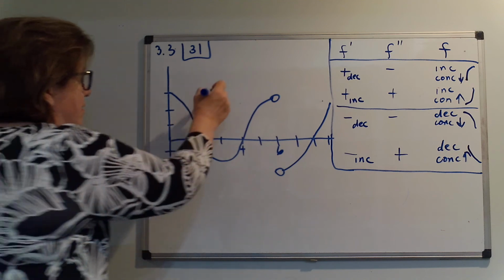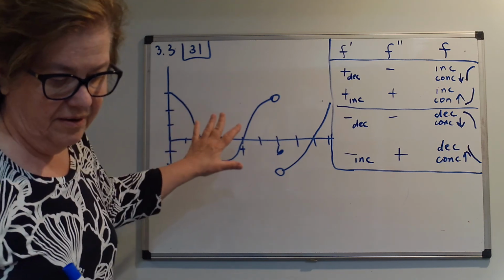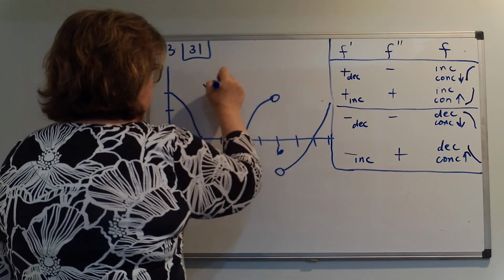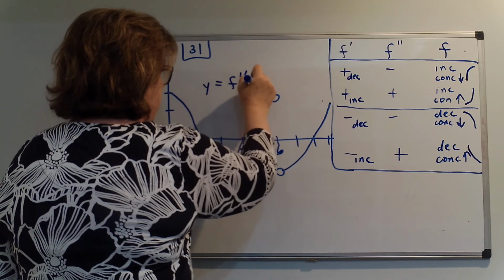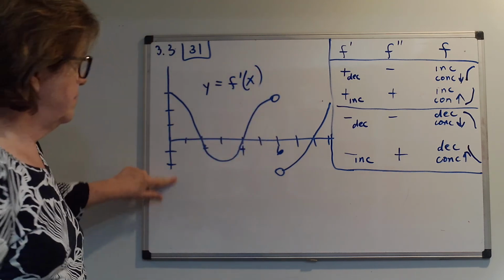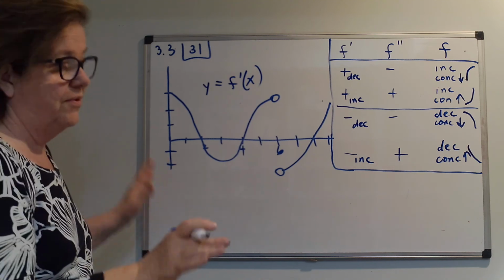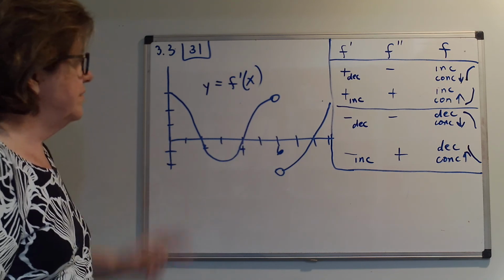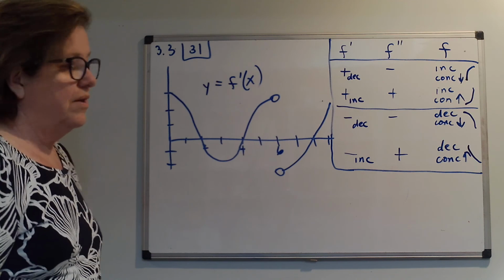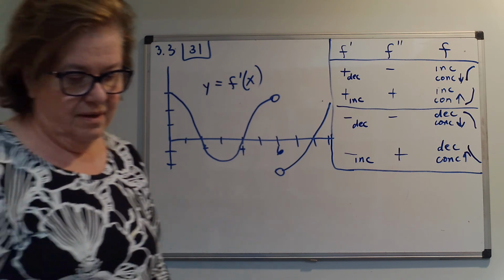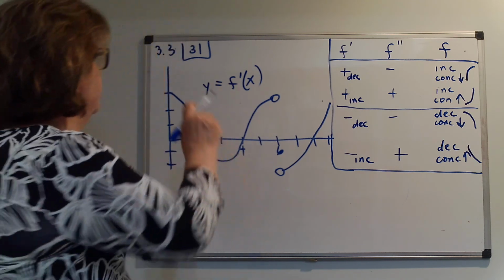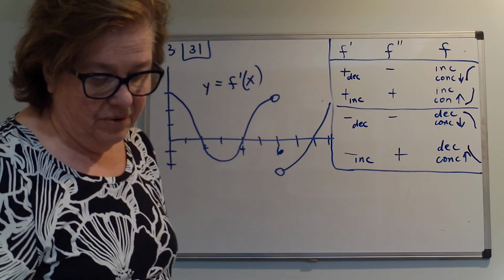Okay, so what they're given here, they say this is y equals f prime of x. So this is a picture of the derivative, not the function, the derivative of the function. We don't have the function. Okay, so I'm sorry, this is problem 31.